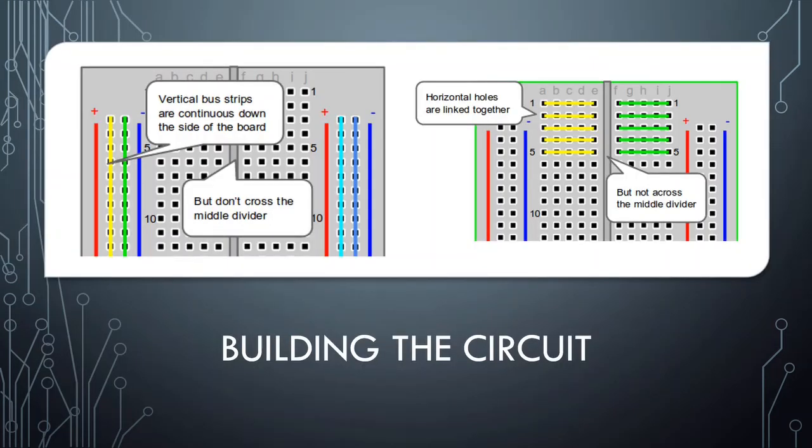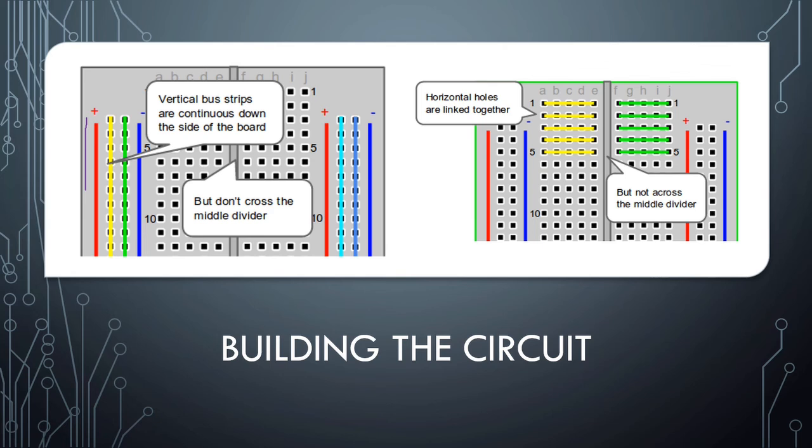So a few slides ago, I introduced breadboards, and now we'll go ahead and take a look at how we work with them, because you have to plug your components in a certain way for them to work and for them to be connected correctly. So down the sides of the breadboard, you see we have the blue and red lines, and these are our vertical bus strips.